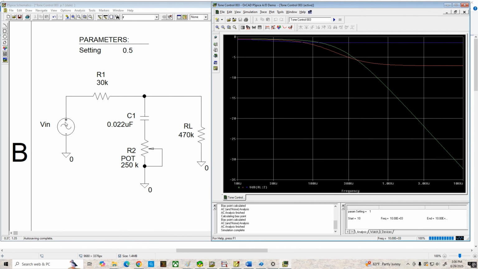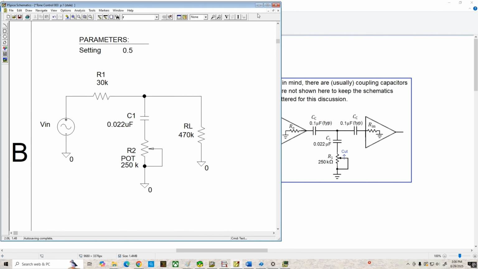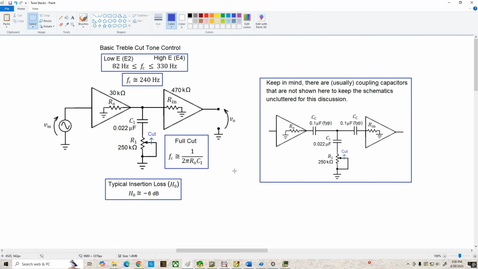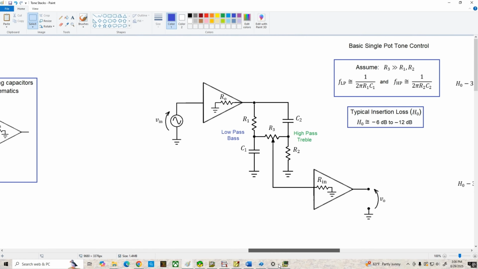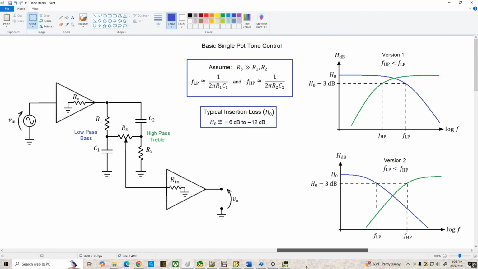Over here we'd have our pickup and its winding resistance. This would be the capacitor in the guitar and the tone control pot, and this would be the input resistance to the amplifier we're connected to. Alright, so let's minimize our PSpice stuff and go on to the next page and look at another simple single potentiometer tone control that's pretty interesting.